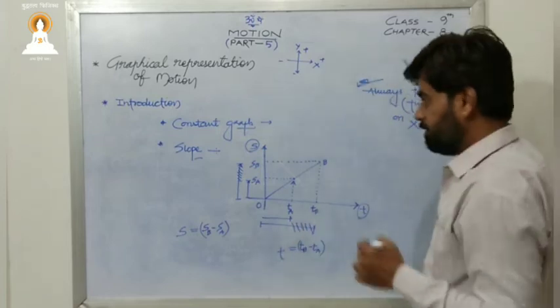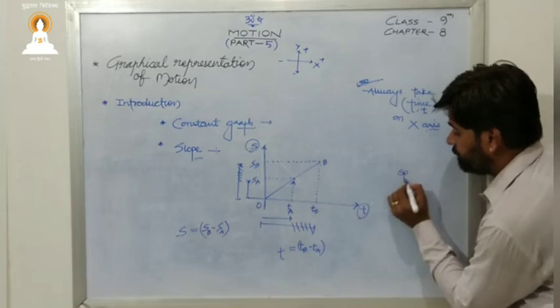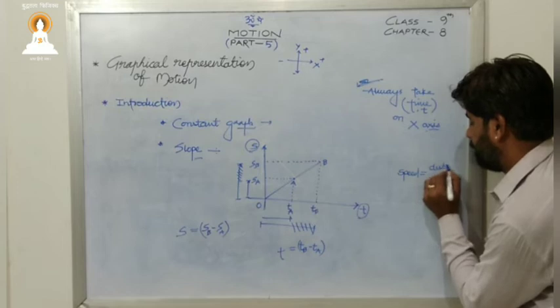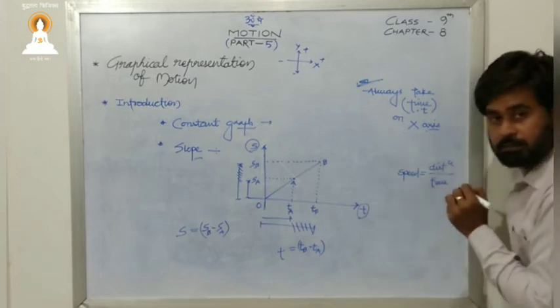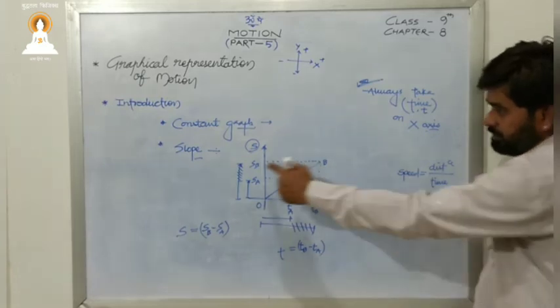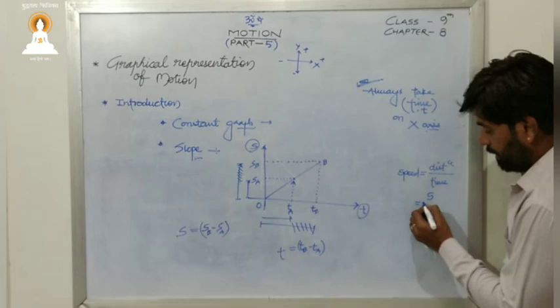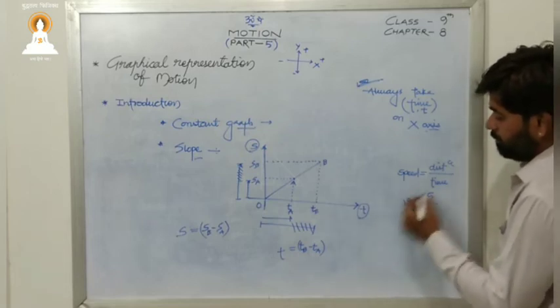Now we know that speed is nothing but distance upon time. How much distance they have covered? That is capital S. How much time? That is small t. And this is the speed.